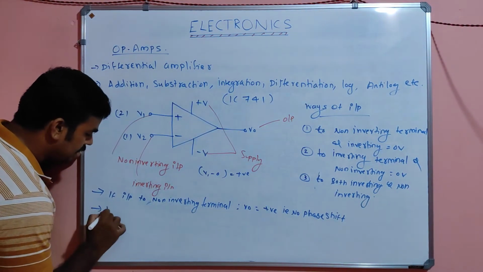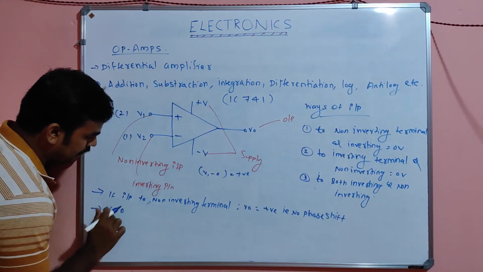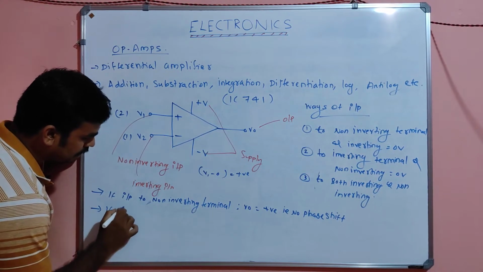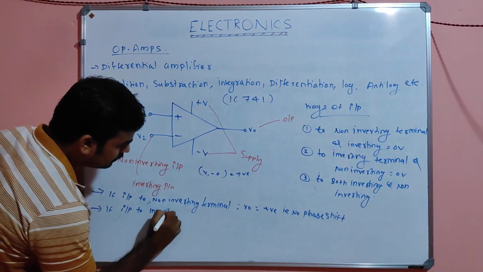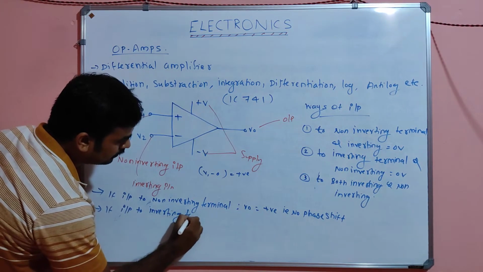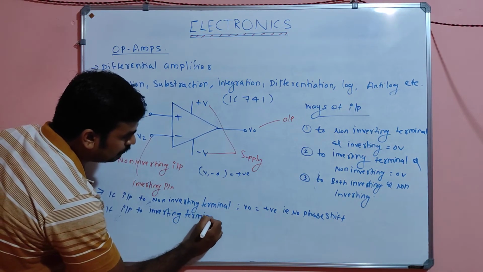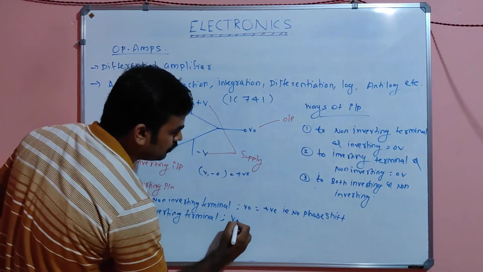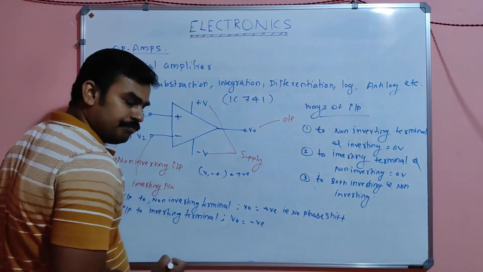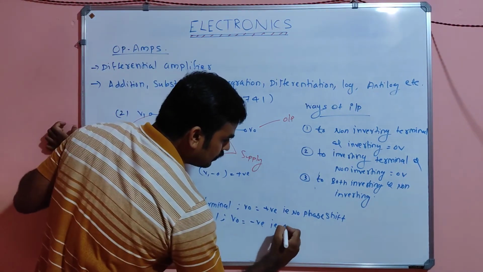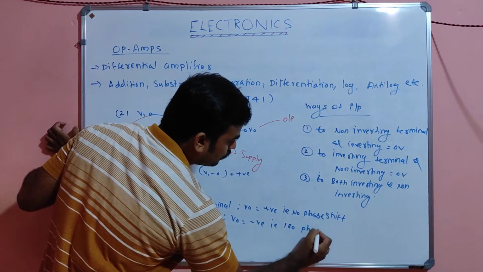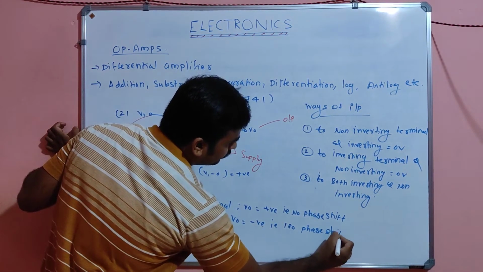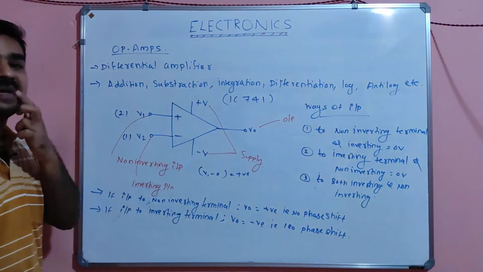And second case, if input to the inverting terminal happens, then V0 will be negative. That means 180 degree phase shift.